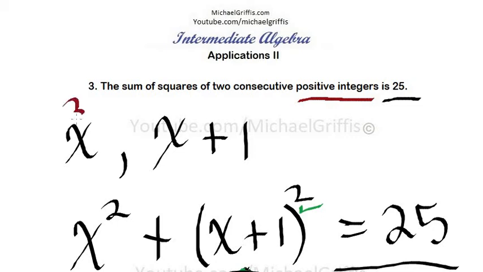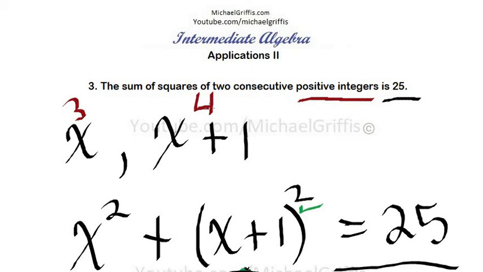So 3, and then 3 plus 1 is 4. The squares would be 3 squared is 9, and 4 squared is 16. But anyway, the two consecutive positive integers are 3 and 4.